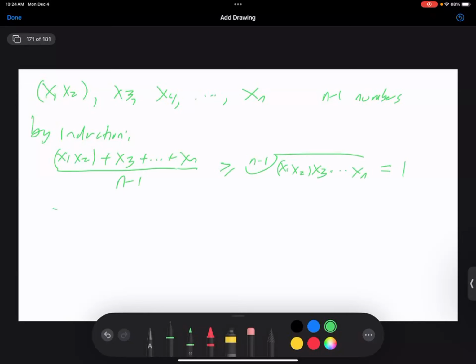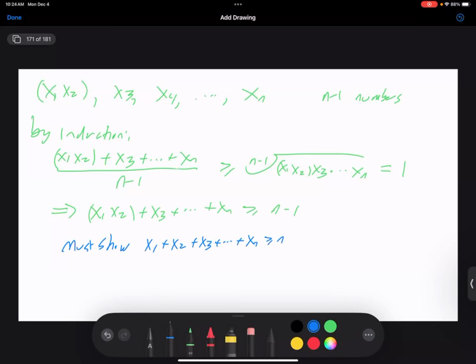So this implies that x1 x2 plus x3 plus ... plus xn is greater than or equal to n minus 1. We must show x1 plus x2 plus x3 plus ... plus xn is greater than or equal to n.